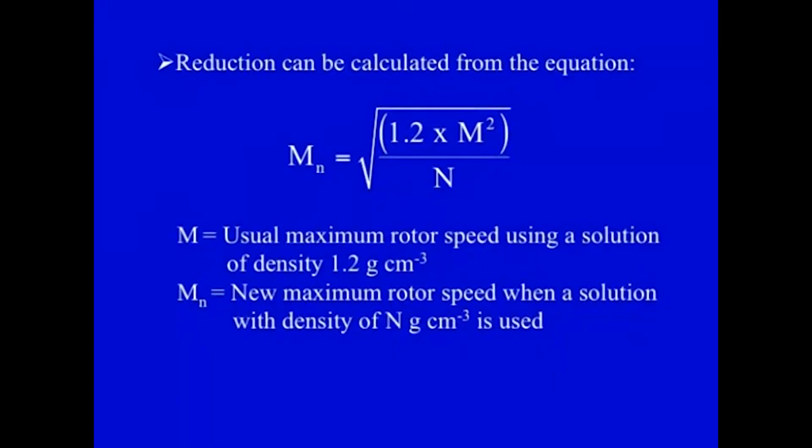The reduction can be calculated from this equation, where m is the usual maximum rotor speed using a solution of density 1.2 gram per centimeter cube, and mn is the new maximum rotor speed when a solution with a density of n gram per centimeter cube is used.